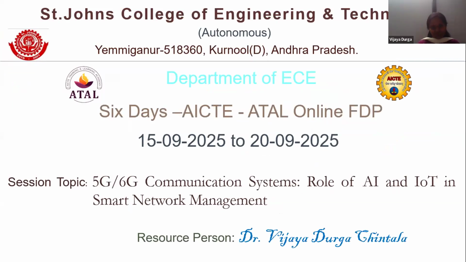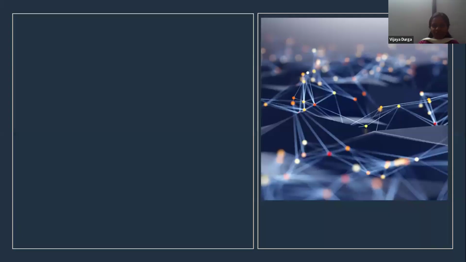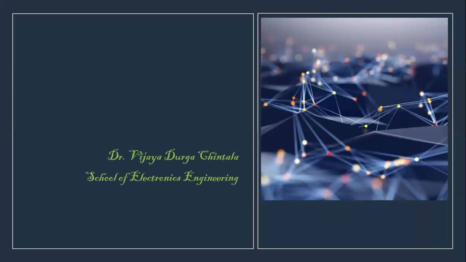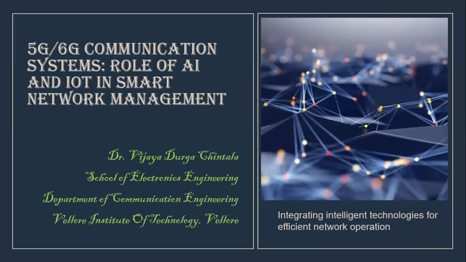So today I'll give a lecture on 5G or 6G communication systems, role of AI and IoT in smart network management. The main theme of this session is integrating intelligent technologies to provide efficient network operation.